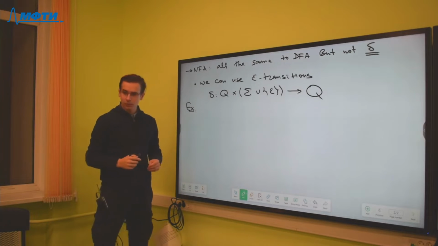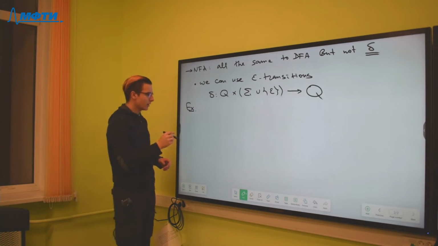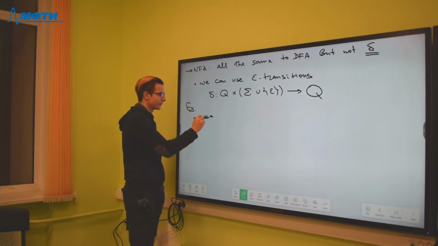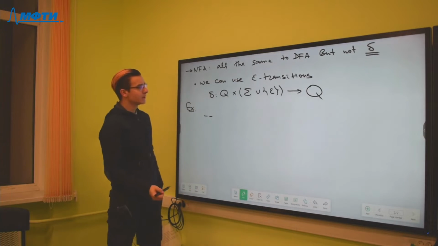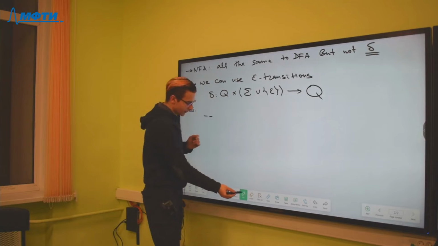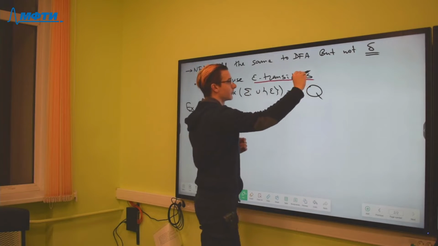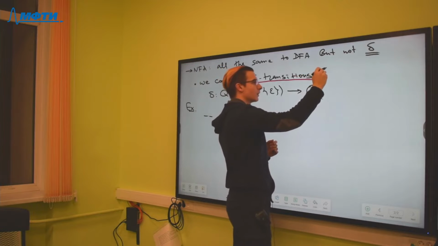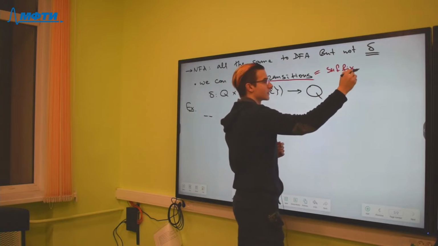You said that you can have different states at the same time. Yeah, I say it now with the definition, because we use suffix links in the Knuth-Morris-Pratt algorithm, and of course these are epsilon transitions.